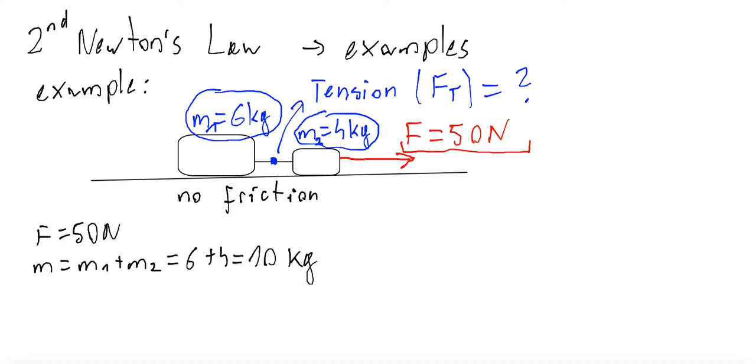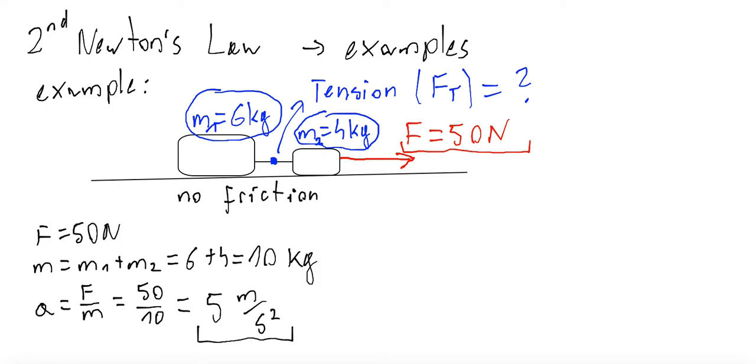What can you calculate? We know the overall mass and the overall force, so we can calculate the acceleration of the system. By the second Newton's law of motion, acceleration is the ratio between force, which is 50, and mass, which is 10, so 5 meters per second squared.